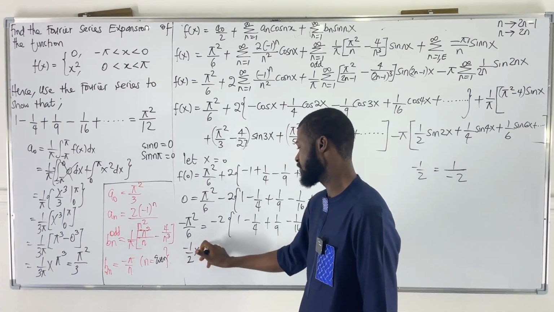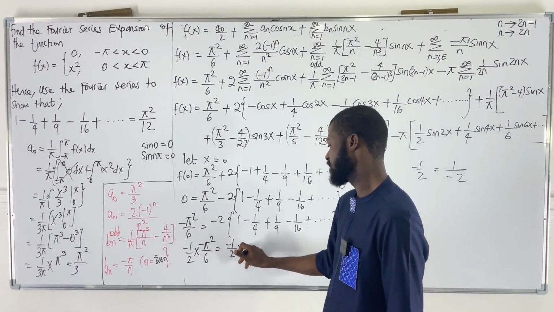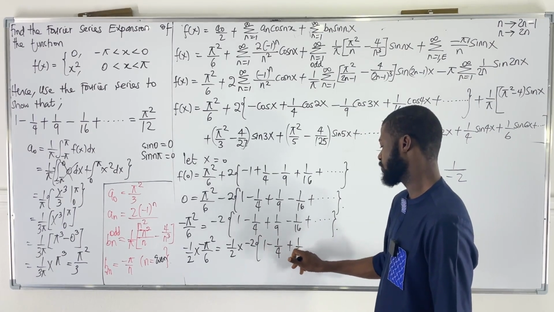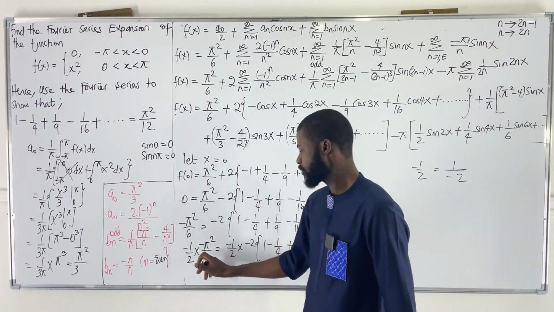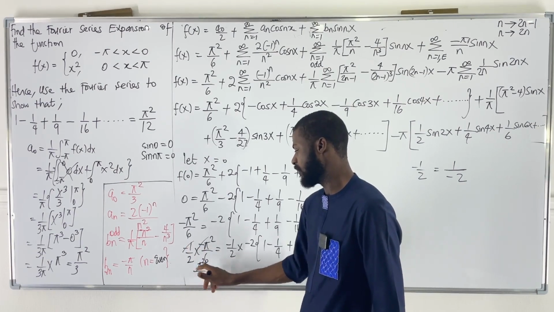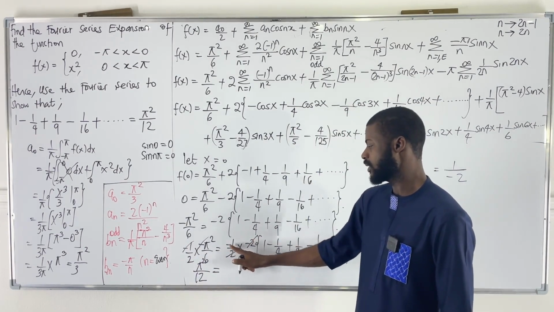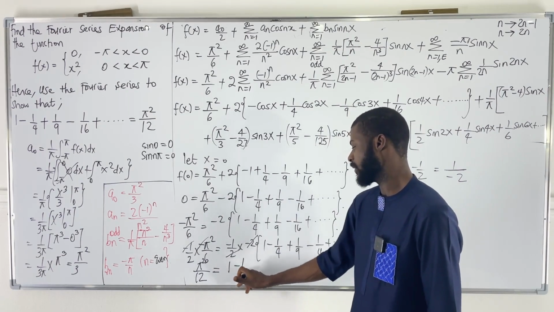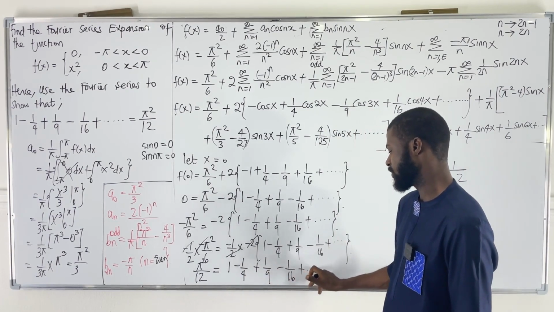Minus half times minus pi squared over 6 is equal to minus half times minus 2 into 1 minus 1 over 4 plus 1 over 9 minus 1 over 16. Minus will take care of minus. 1 times pi squared is pi squared over 2 times 6, which is 12, equal to 2 cancels out, and the two minus signs become positive. What will be remaining is the bracket 1 minus 1 over 4 plus 1 over 9 minus 1 over 16, and just like that.